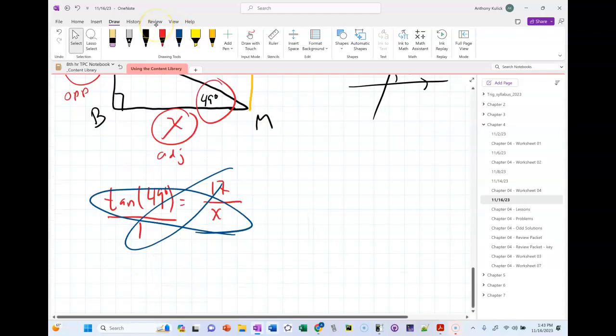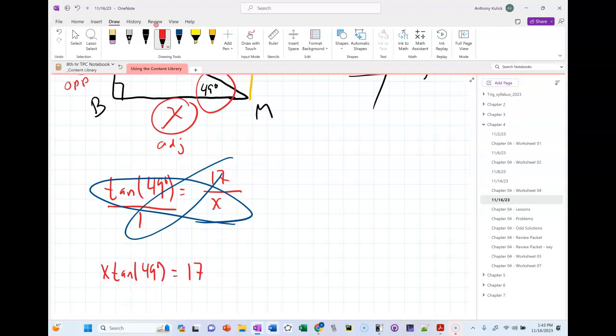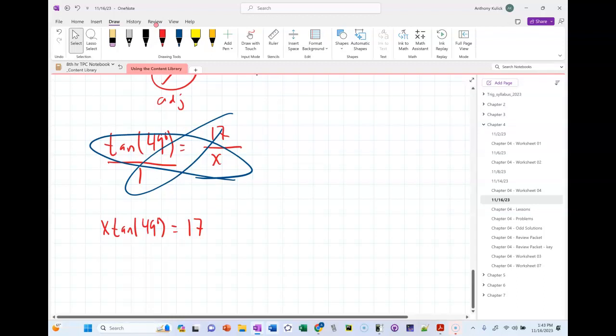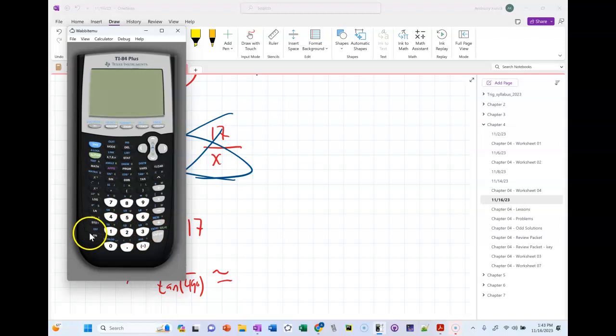Do my cross multiplying. So x times tan 49 should equal 17 times 1. And then to get the x by itself, what do I need to do? Yeah, divide both sides by tan 49. And then it's just calculator time. So what, 14.8-ish.